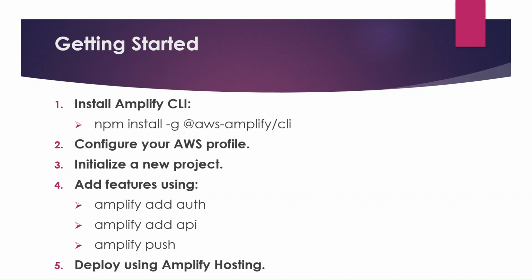This command is used to set up a way for your application to communicate with the backend, to fetch or send data. And we can use the amplify push command, which sends the configuration to your AWS account and builds the app's backend.